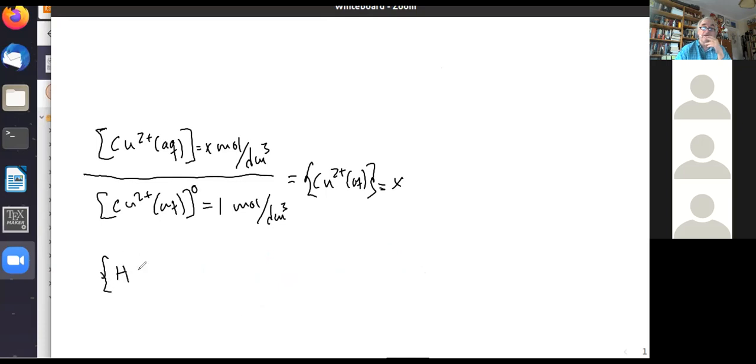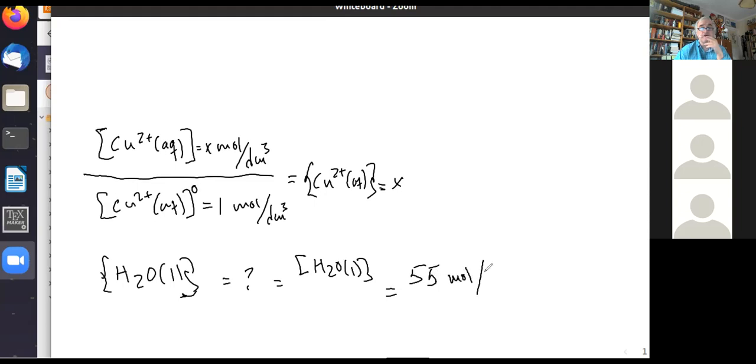What is the activity of pure water? How should we argue? Is it the same as the concentration of pure water, which equals 55, I think, moles per cubic decimeter?